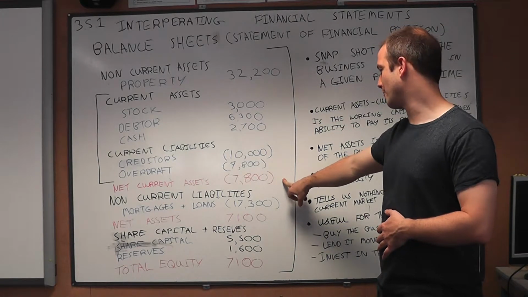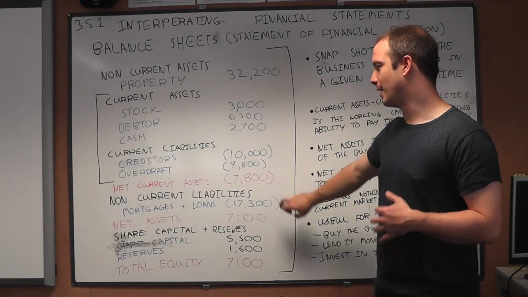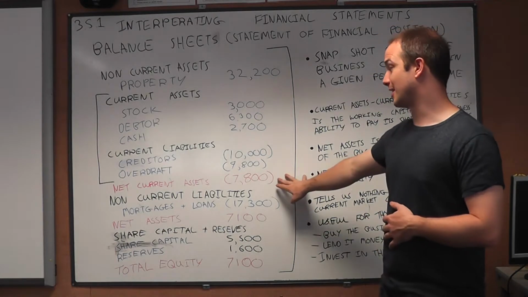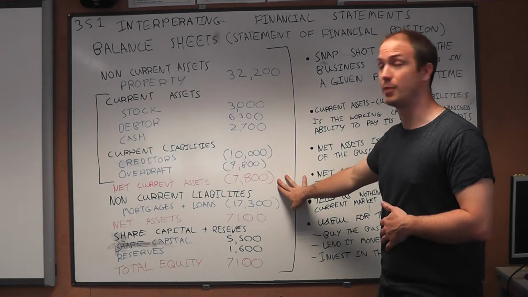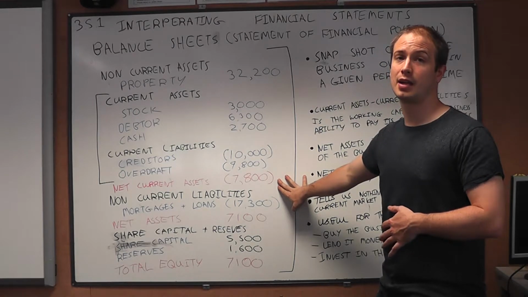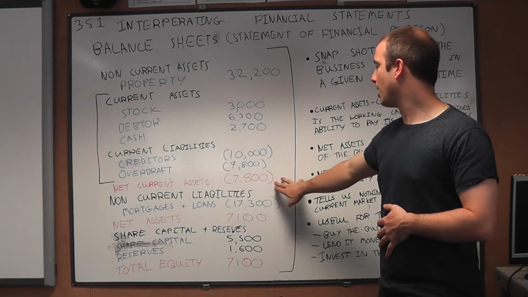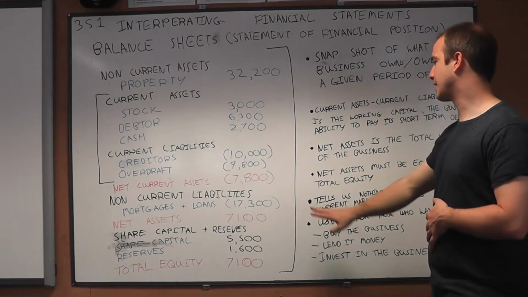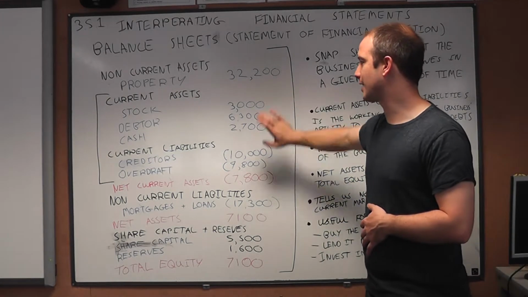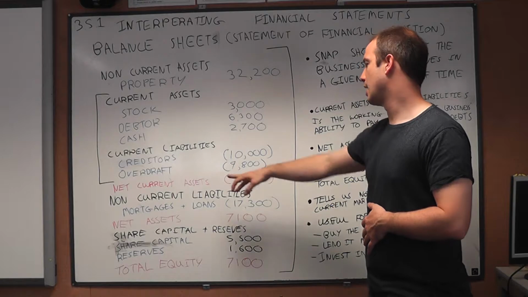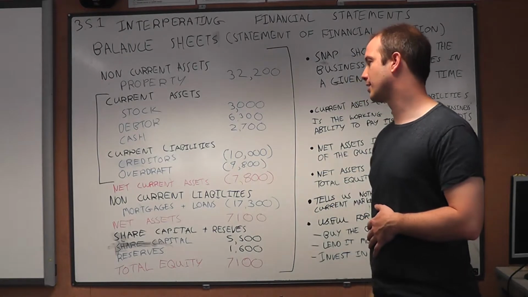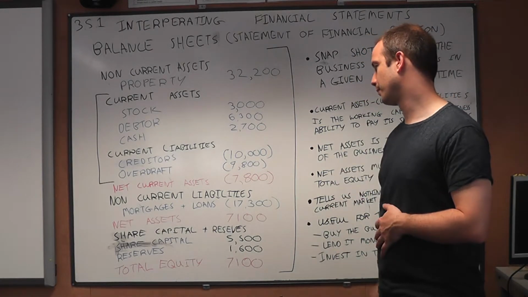In fact, it's negative 7,800 million. So what that means is this business is going to struggle to pay its short-term debts. So that's what we call working capital. Your current assets minus your current liabilities becomes your net current assets, which is called working capital.